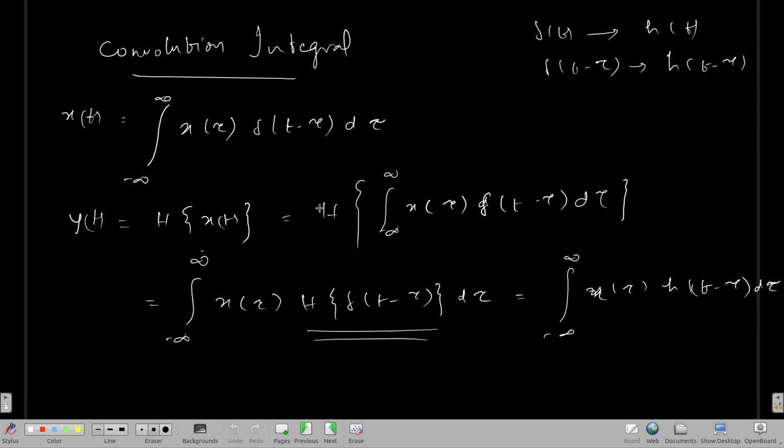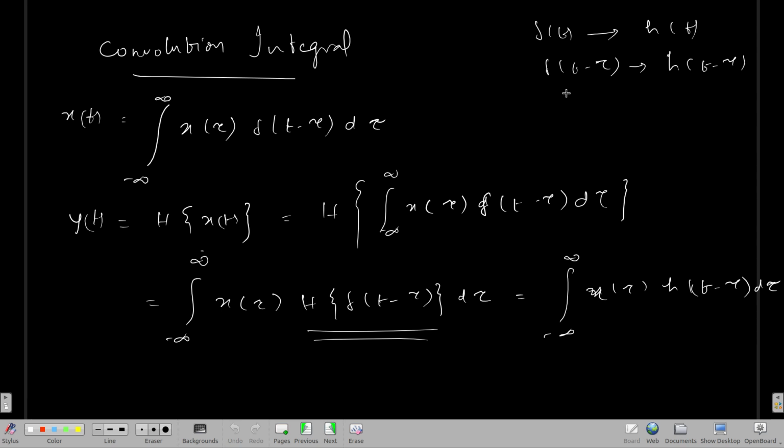So for this particular function, x of tau seems like a constant value, so it doesn't matter, and it goes directly to delta of t. So we write the integral from minus infinity to infinity of x of tau, h of delta of t minus tau, and we know that h of delta of t is h of t.